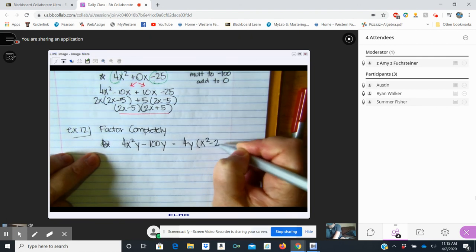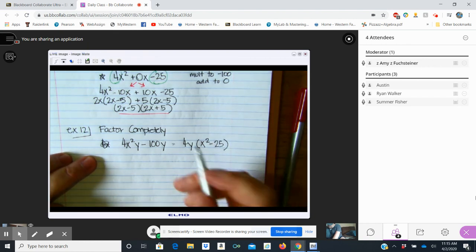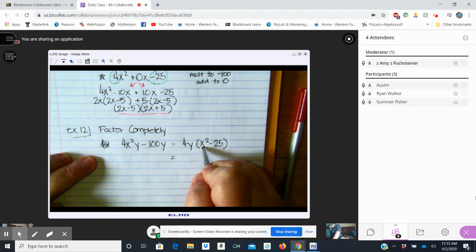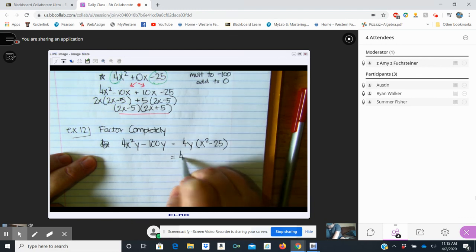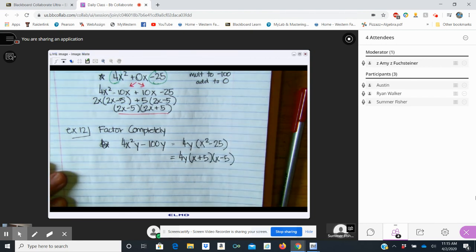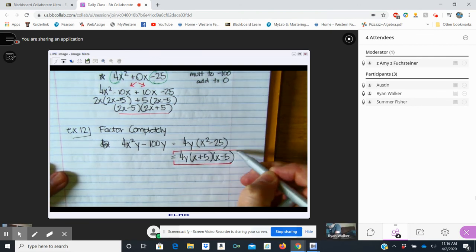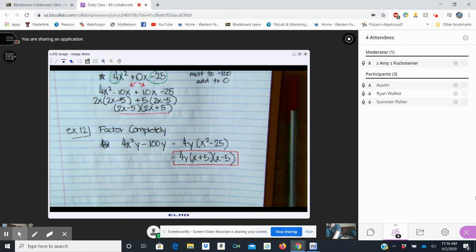And that will leave me with an x squared minus 25. Perfect square minus another perfect square.